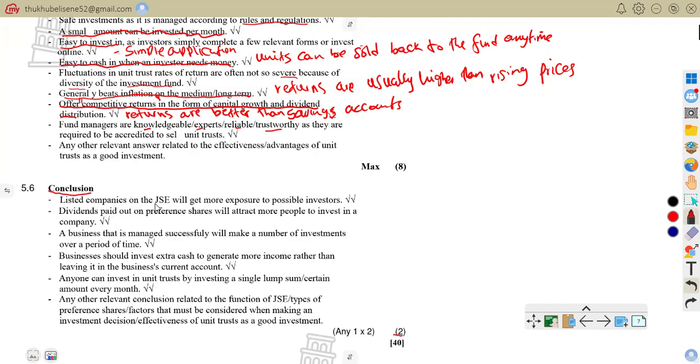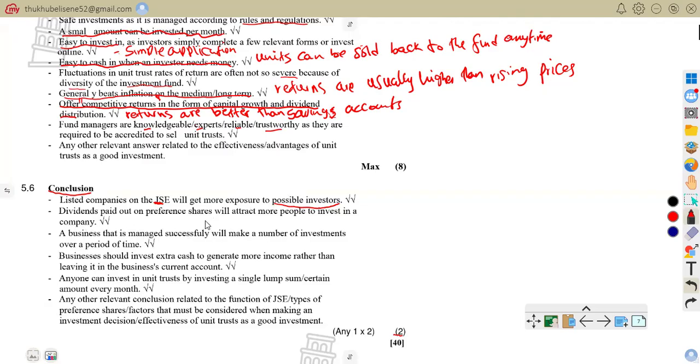Listed companies on the Johannesburg Securities Exchange will get more exposure to possible investors, because the investors will come and try by all means to invest with such companies. So they will be exposed, and in that way, they will be able to grow their capital.